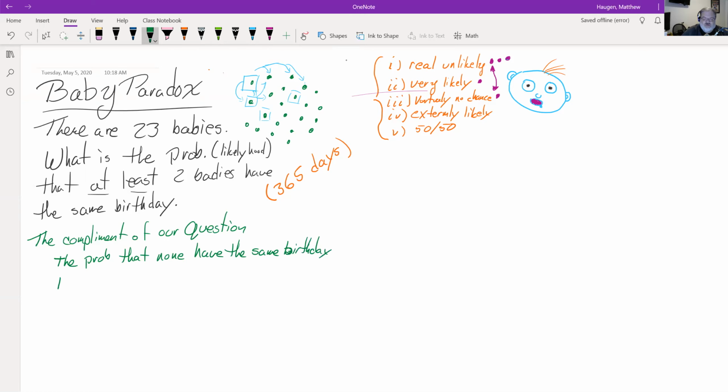If we knew the probability that none of them had the same birthday, we could subtract that from 1, subtract that from 100%, and we'd have the probability that one or more have the same birthday.